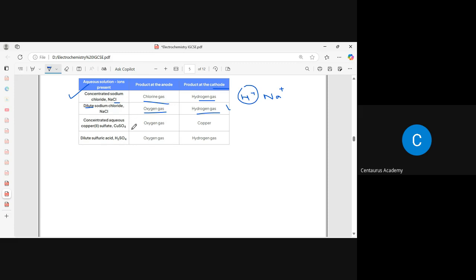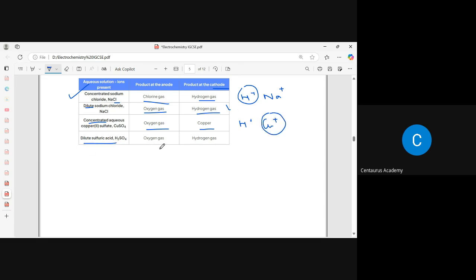Concentrated aqueous copper(II) sulfate. Again, the word concentrated is given, but here, since I told you that amongst all of the anions hydroxide ions have the greatest tendency, oxygen gas will be deposited at the anode, and copper is deposited onto the cathode. Why? Because you have hydrogen ions and copper ions. Copper ions are less reactive as compared to hydrogen ions, so they are deposited onto the cathode.